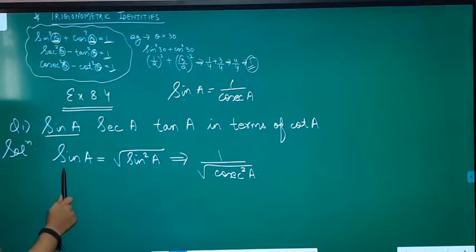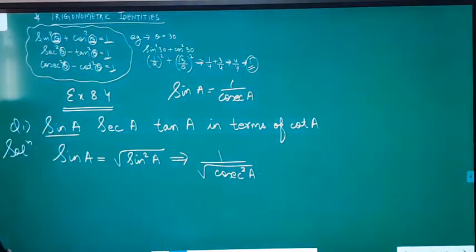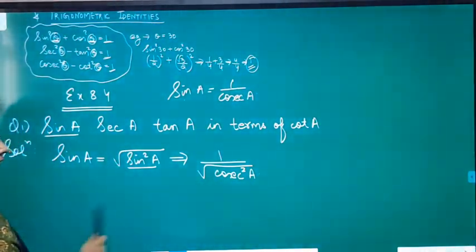We have written sin A as under root of sine square A, and then in place of sine square A I have written 1 upon cosec square A.